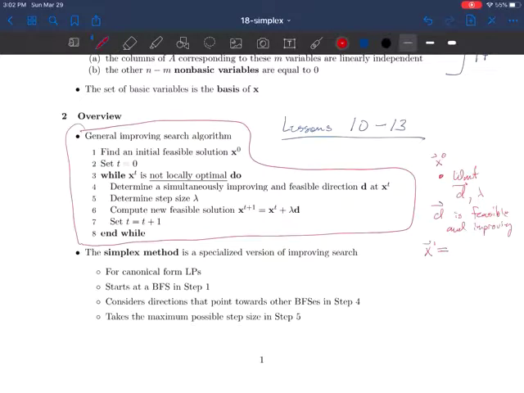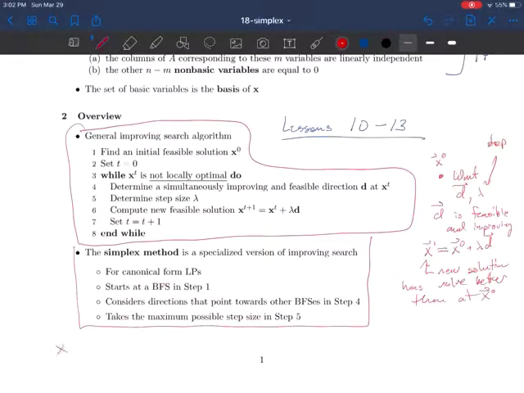And then the next iterate, in this case x1, if we started at x0, would be x0 plus the step, lambda, times its direction. Okay, and in that way, this new solution has a better objective value than the previous.